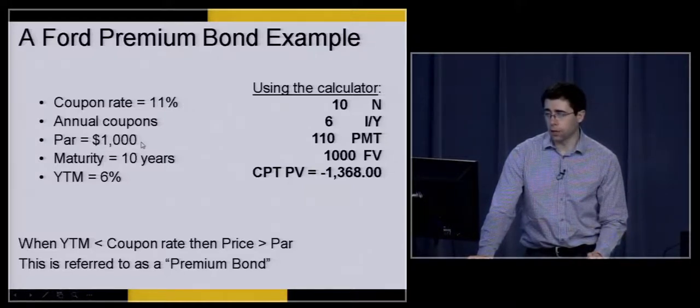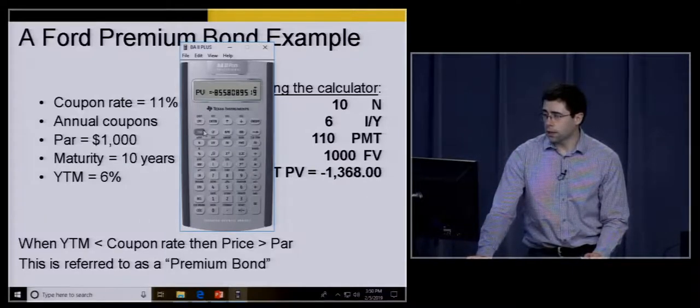So here, once we clear out the time value of money inputs from the previous example, we're going to put in 110 as our payment. Next, our face value, or FV, is $1,000. Our I/Y is given as 6% in this case. And our N here is 10.